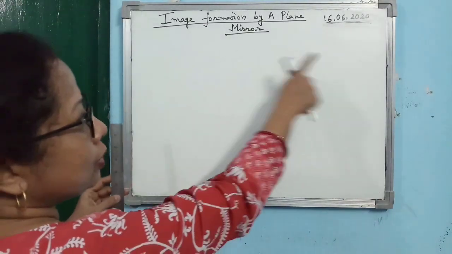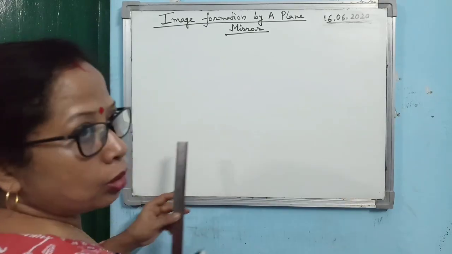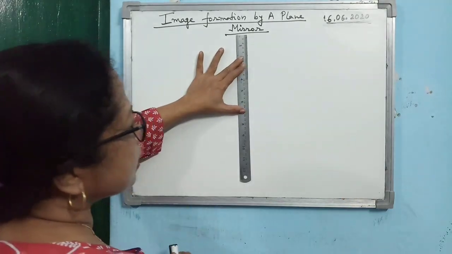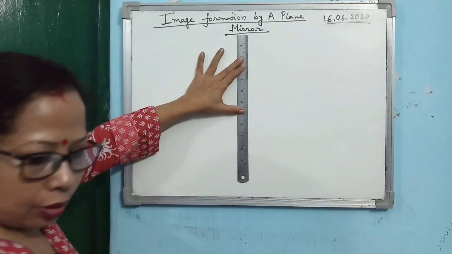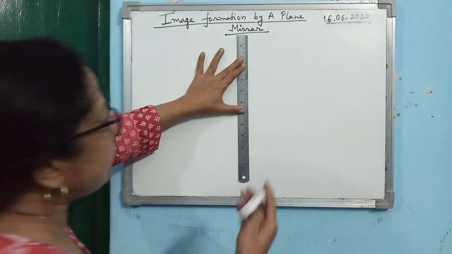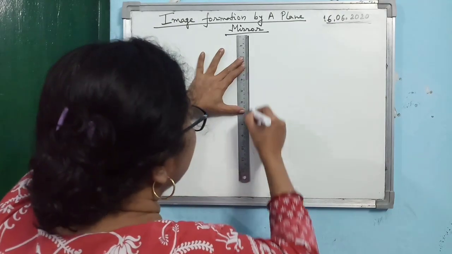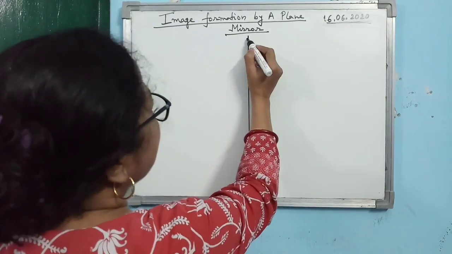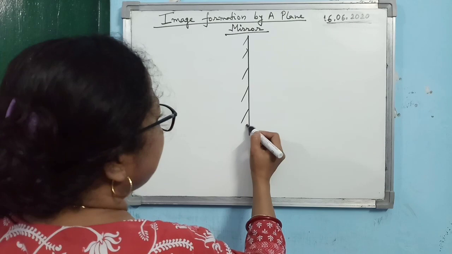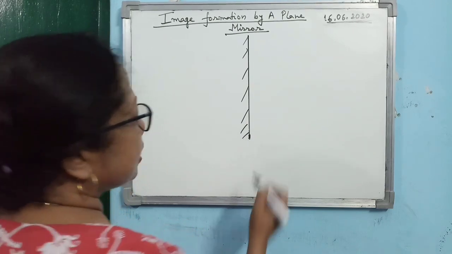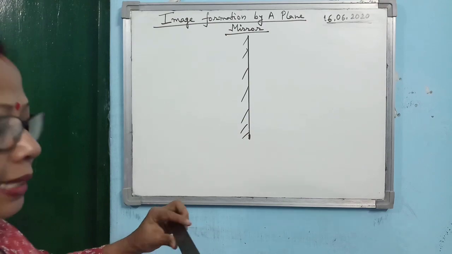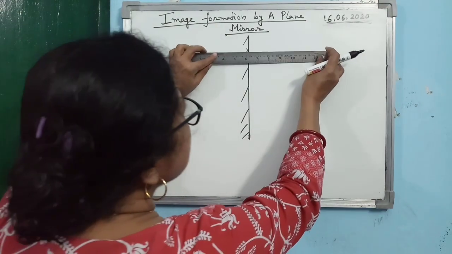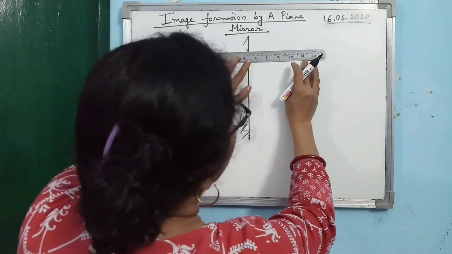First of all, just imagine that there are ruled lines. Hold the scale so that it becomes perpendicular to the ruled line. Then draw the vertical line and give the symbol of the mirror. Is that clear? This is the first step. The second step is that you hold your scale along one ruled line.